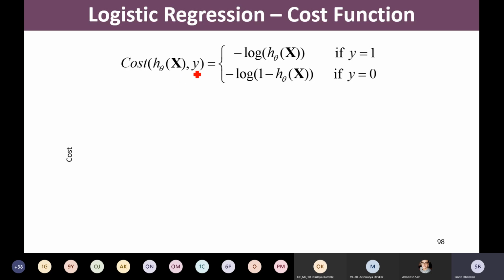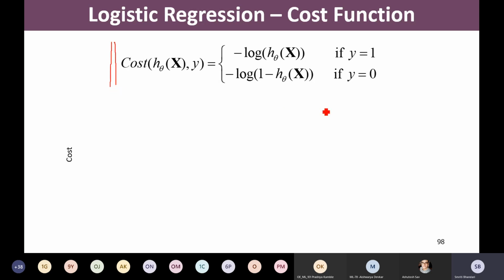Cost h theta x comma y is equal to minus log of h theta x if y is equal to 1, and it is minus log of 1 minus h theta x if y is equal to 0. So this is the cost function that we are defining.